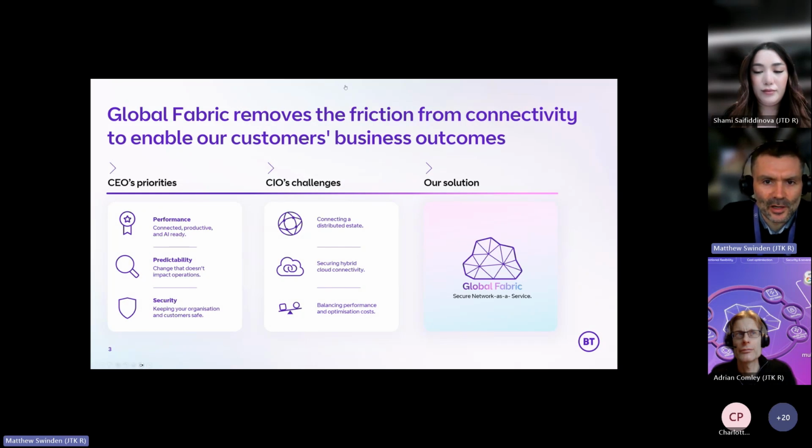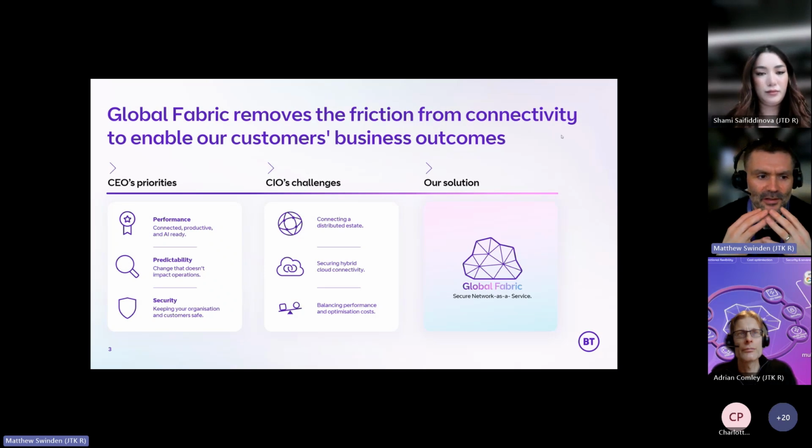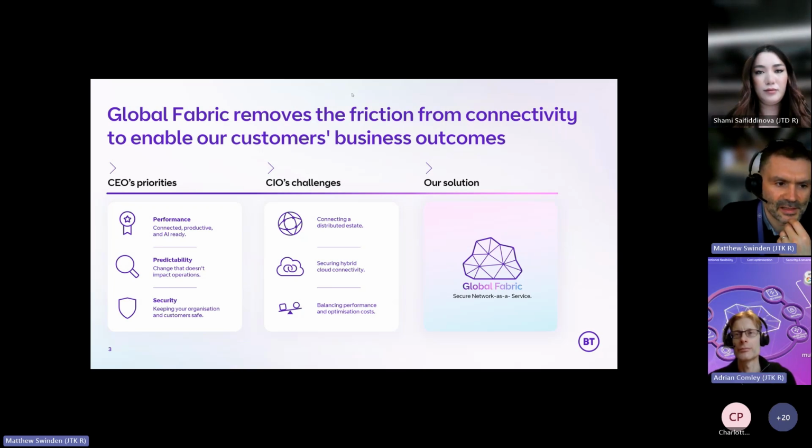Essentially, what Global Fabric is looking to do is remove the friction from the connectivity of our multinational organizations. If you look at it in terms of different personas with our customers, when we speak to our customers, we start by looking at the top CEO priorities they're looking for from any provider.